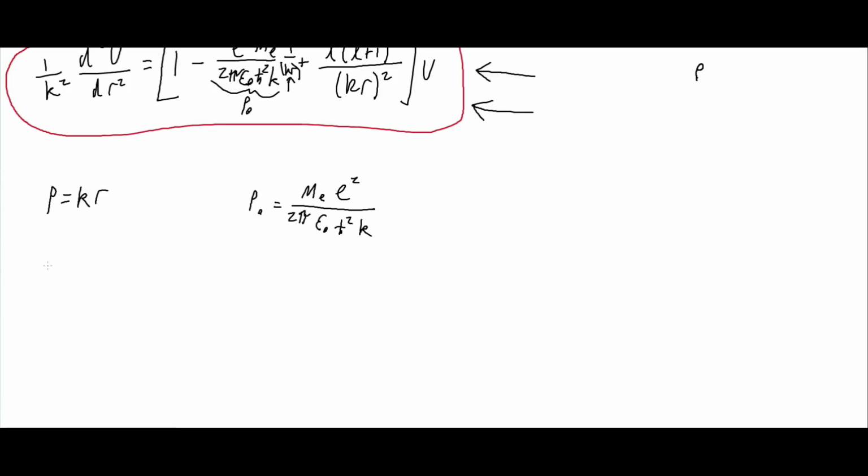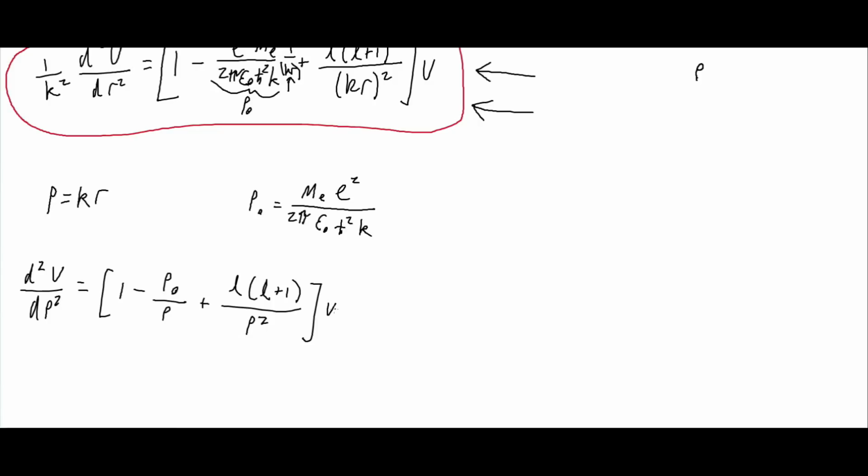And so then what we end up with after making those substitutions is we have our d squared u, and now it's d rho squared because we are making that substitution. And so then that will be equal to 1 minus rho naught over rho plus L times L plus 1 over rho squared, and then u.